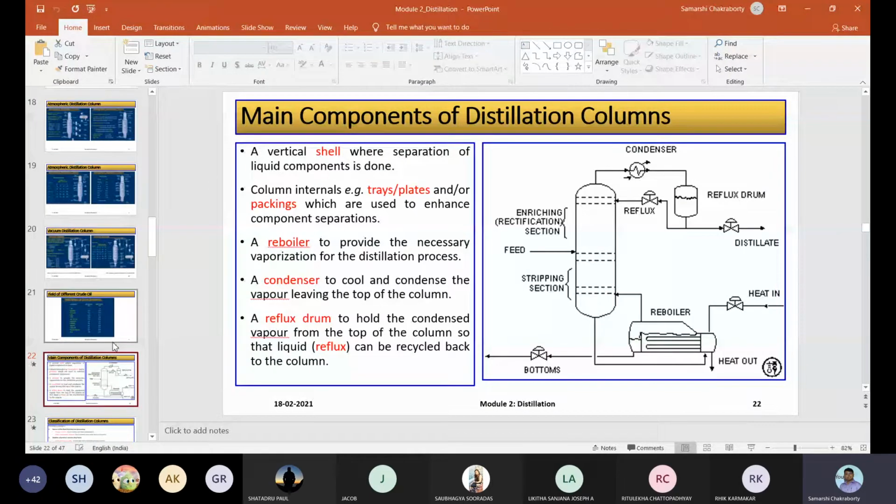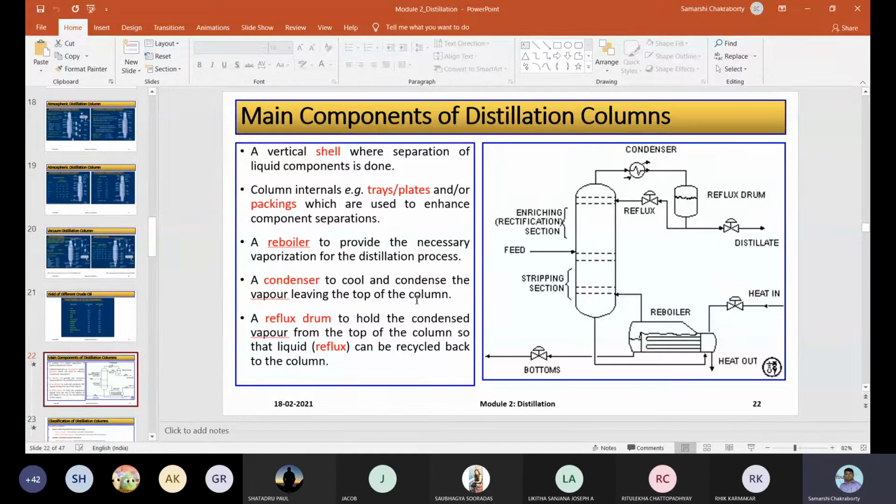At the bottom of your crude oil distillation column, or any distillation column, there has to be a reboiler where the heat is supplied to the column for the separations to take place.